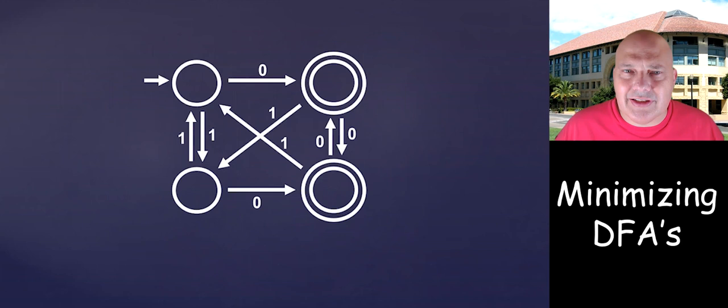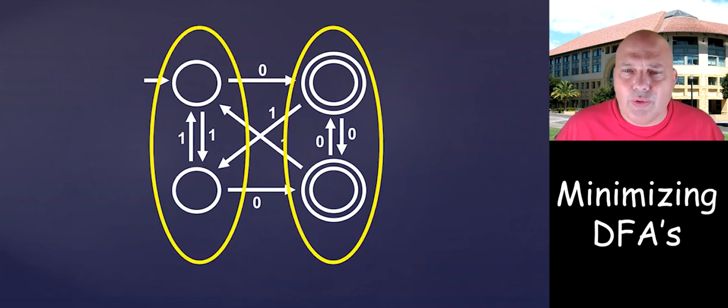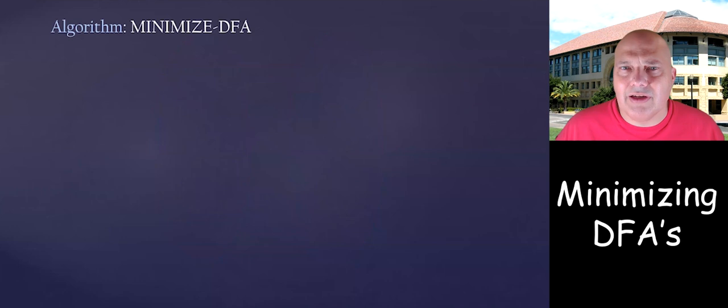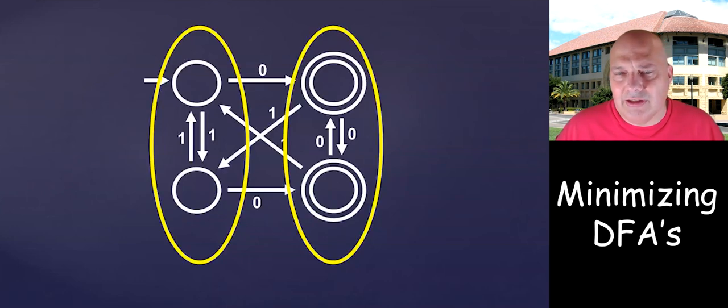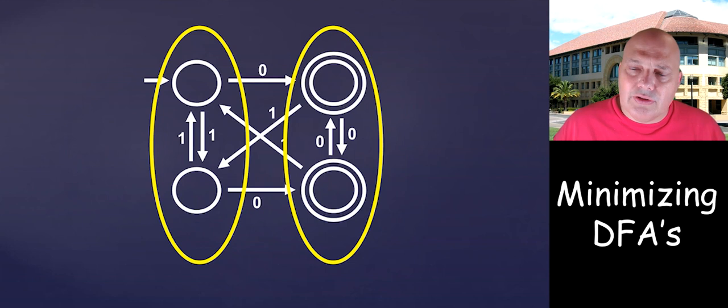So let's look at this example again. When we look at the equivalence classes, these are the equivalent classes. And now we can merge them into these two megastates and get our minimal state. That's exactly what we did in the beginning. So let's take it more slowly and show how to do it in general.